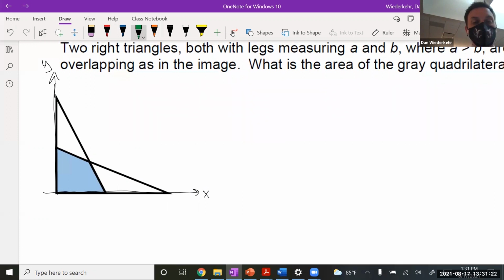So the vertices of these triangles intersect the axes on the y-axis at (0, a) and (0, b). And (0, a) is this one up here, and (0, b) would be this one here. Similarly, on the x-axis, this would intersect at (b, 0), and this intersection point would be (a, 0).